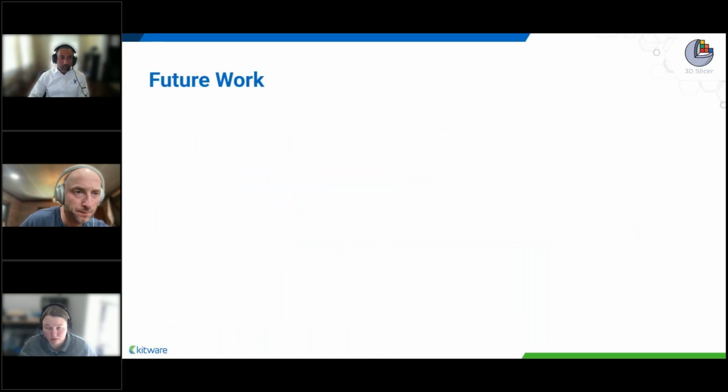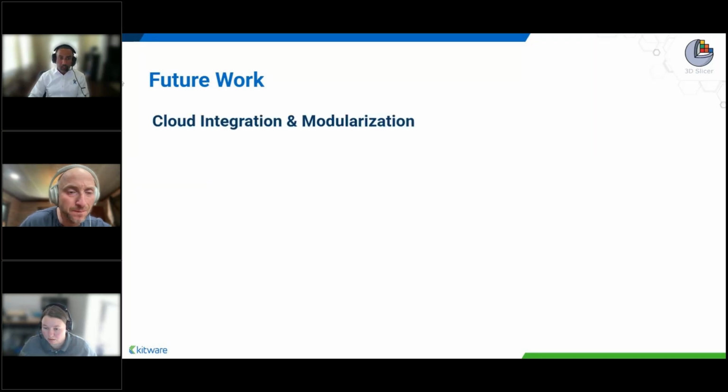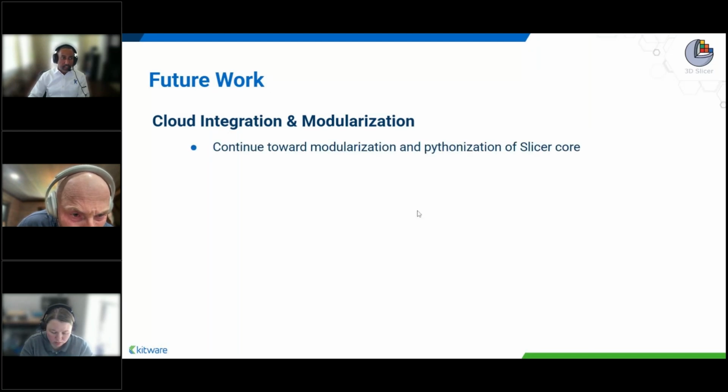So next, before we wrap up, we want to share with you the things we're already thinking about doing next. The first one came up already earlier: is there going to be a web version of 3D Slicer? We're already continuing some efforts around cloud integration and modularization.